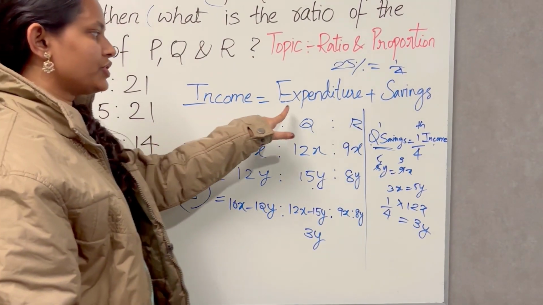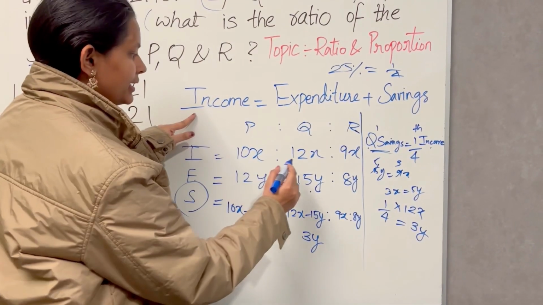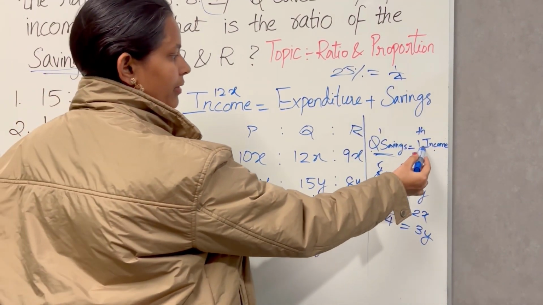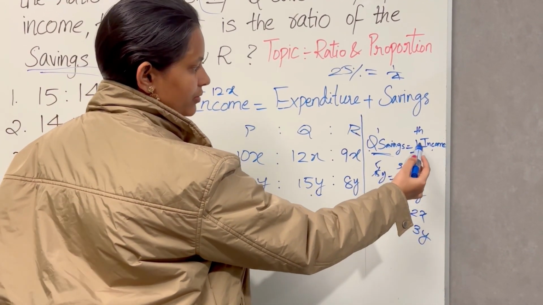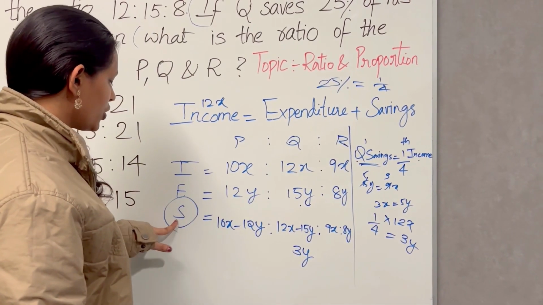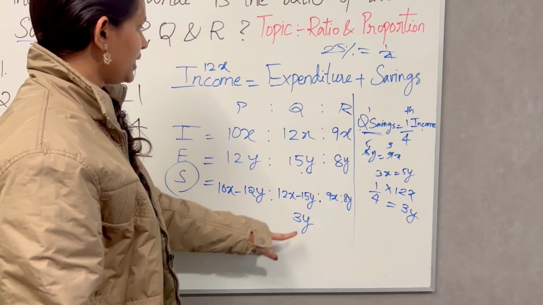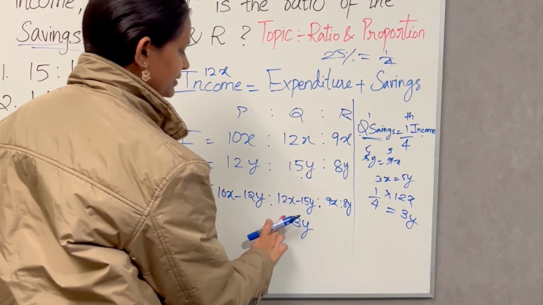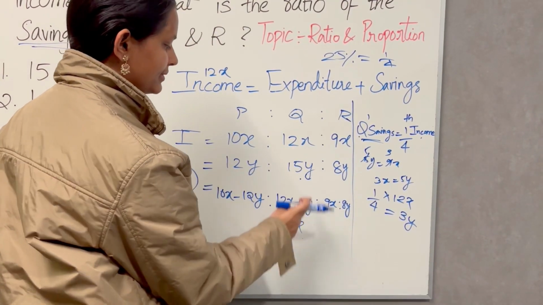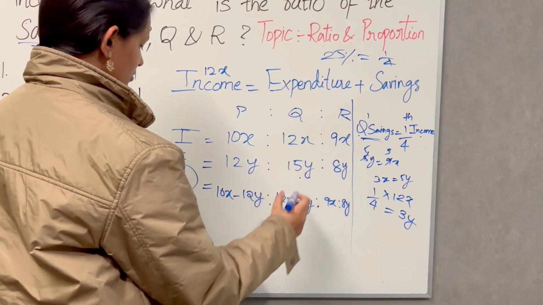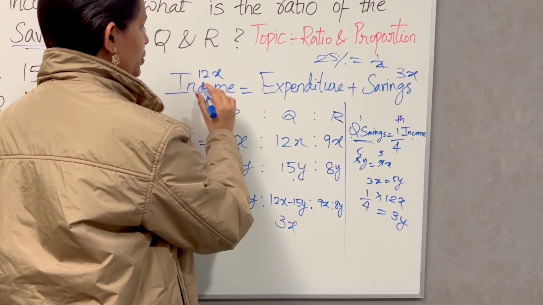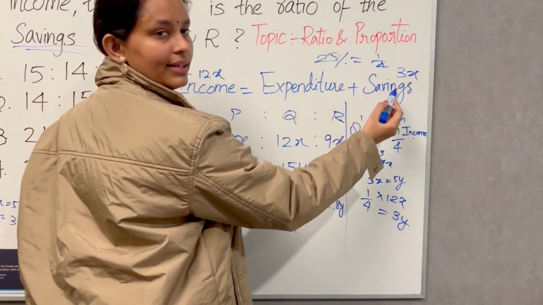Obviously income equals expenditure plus savings. Income is 12x, and by this fraction, 25% is 1/4, so we got savings as 3x. 1/4 of 12x is 3x. So 12x is income, 3x is savings.